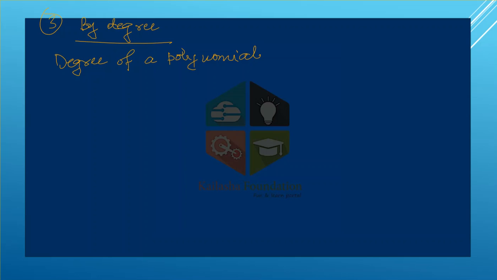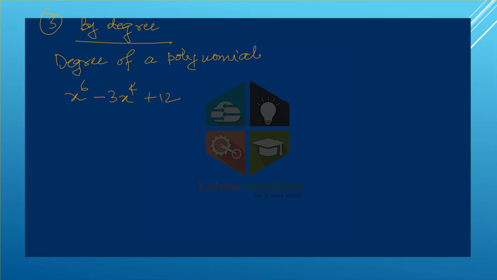The highest exponent of any monomial of the given polynomial is called the degree of the polynomial. For example, x power 6 minus 3x power 4 plus 12.